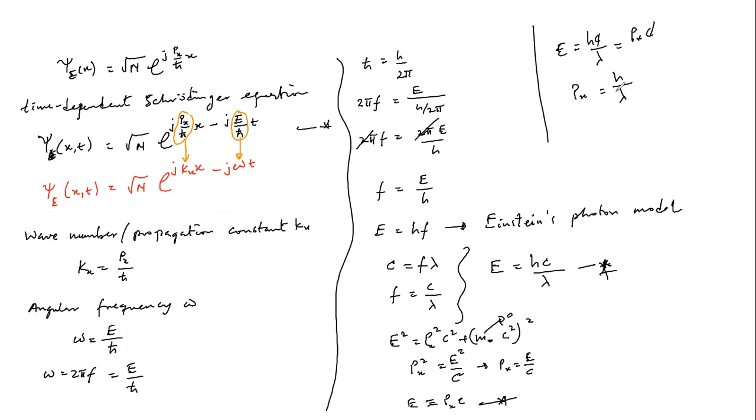So it can be observed that Einstein's model links particle and wave properties based on the following equations, as derived.